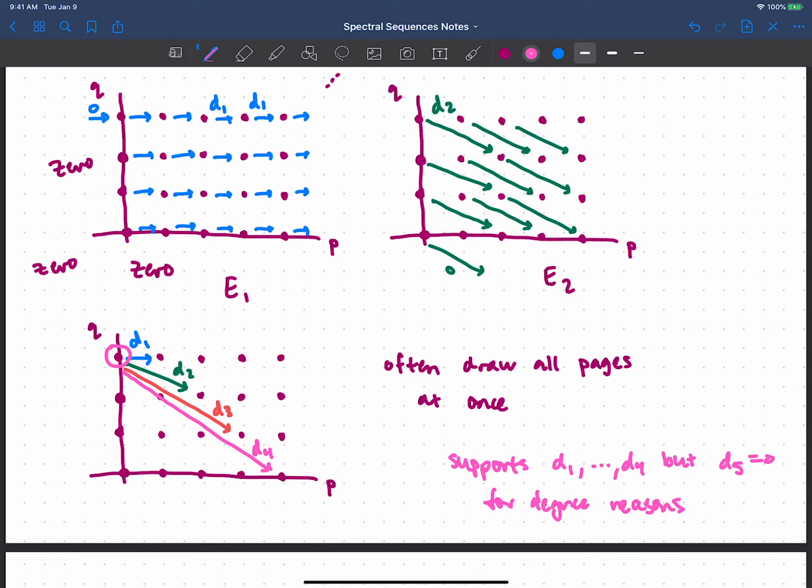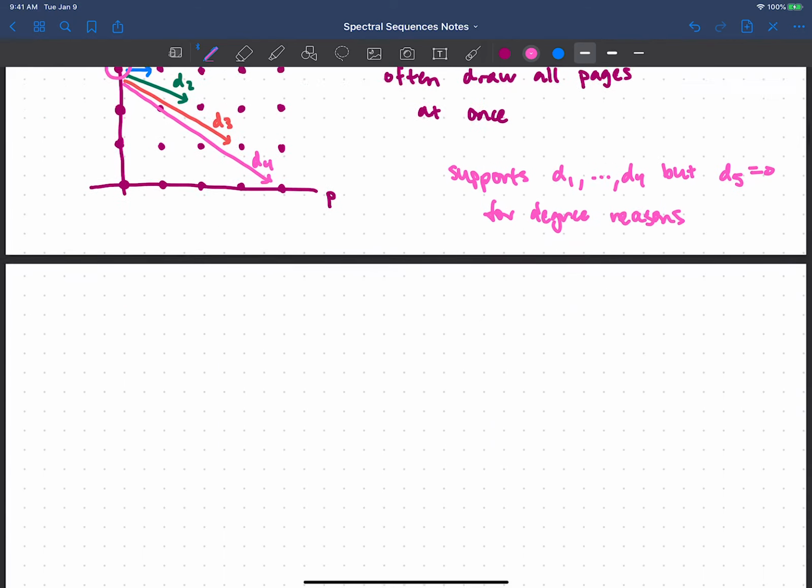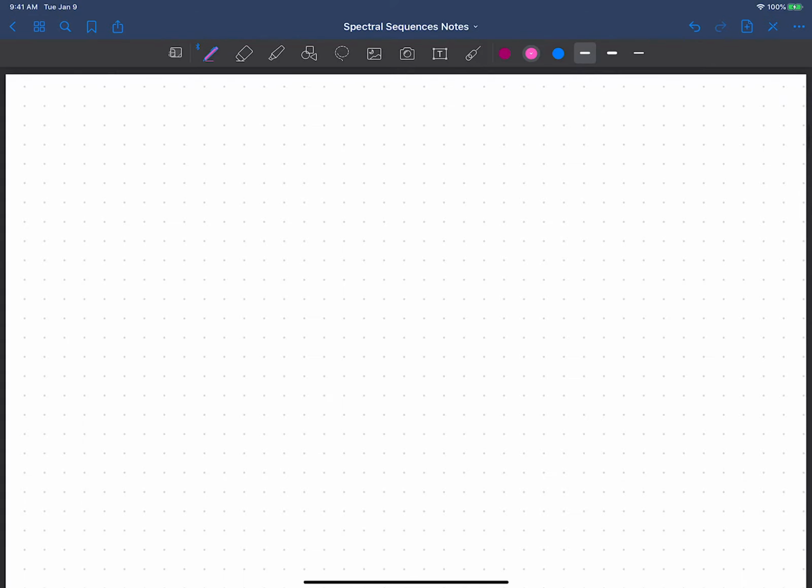Okay, so these are the kinds of drawings that we'll be doing and trying to do these calculations. And again, as I said, sometimes to sort of ease the notation and to be able to do the calculation quickly, we'll just do all of the pages at once. Okay, let me just finish up with one more sort of aside here, which is that I'm doing this all for cohomological spectral sequences.